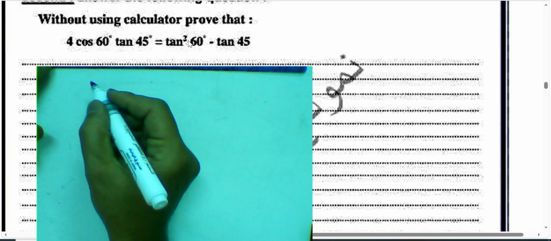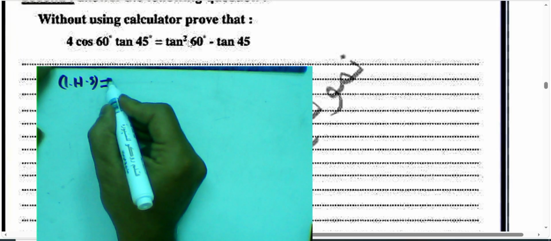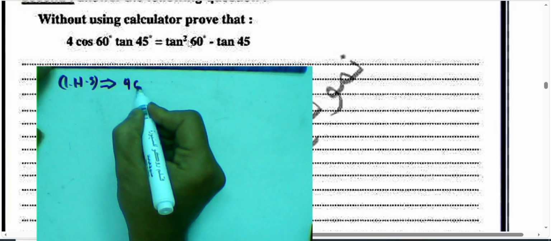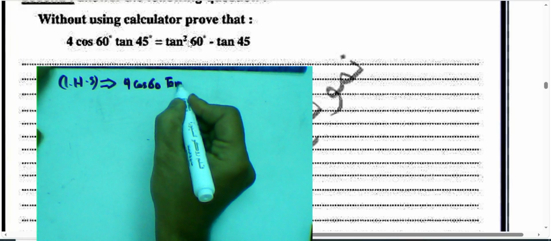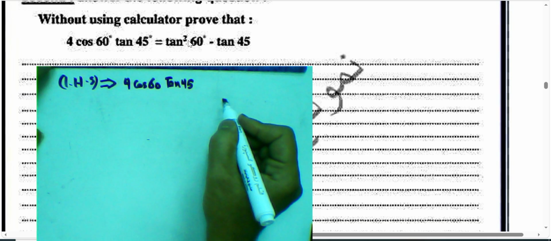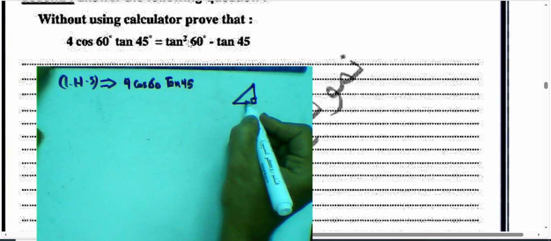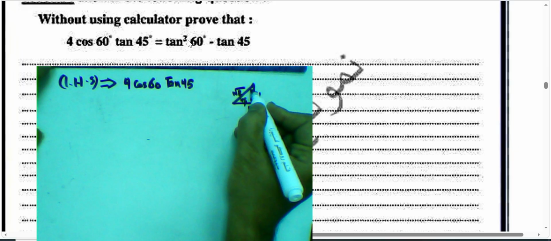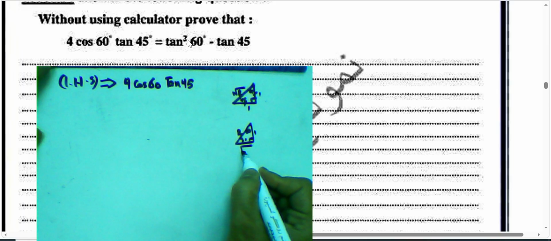We have the left hand side, 4 cosine 30, 4 cosine 60, tan 45. We can solve it from two triangles. We have the isosceles triangle 1, 1 and root 2, with 45 degrees, and we also have 30, 60, with sides 1 and 2, and here we have root 3.